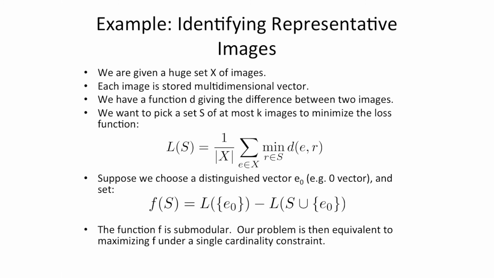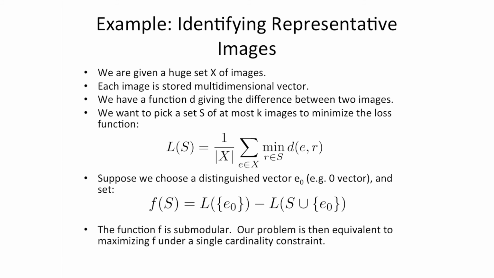If S is the set of images that I've picked, then the total loss is proportional to the sum of the distances from each image in the entire data set to its closest, in terms of this difference, image in the set that I've picked. And we'll normalize this by the total number of images in the entire data set so that the loss is between 0 and 1. Okay, so it's just a normalized k-median.